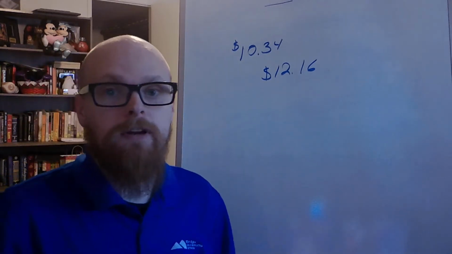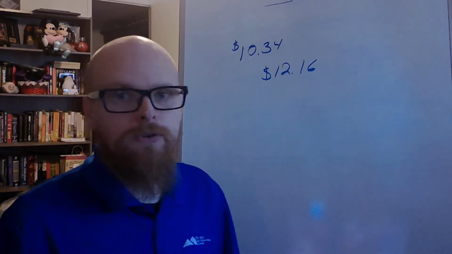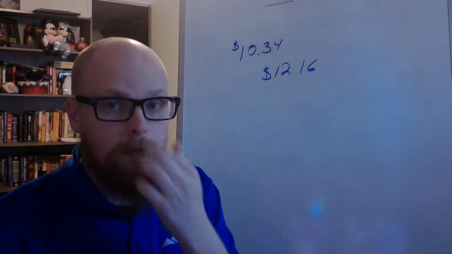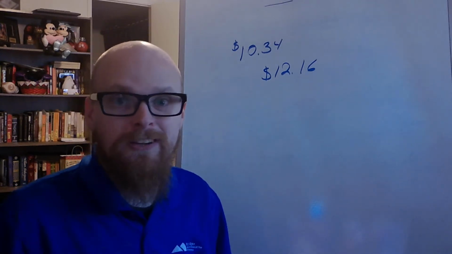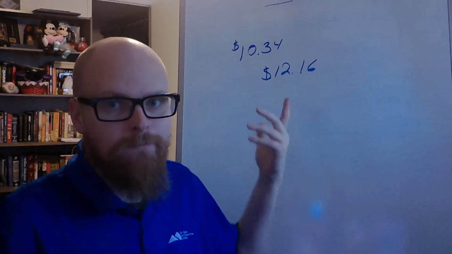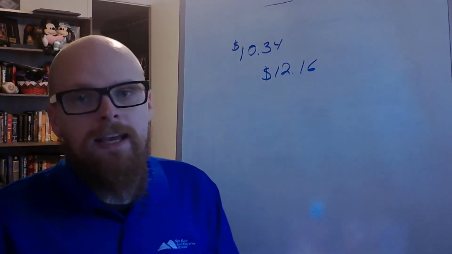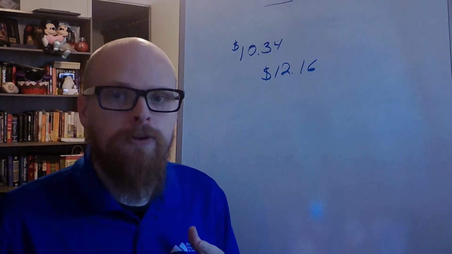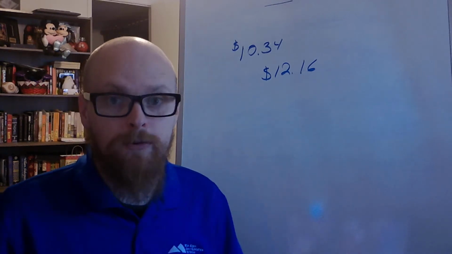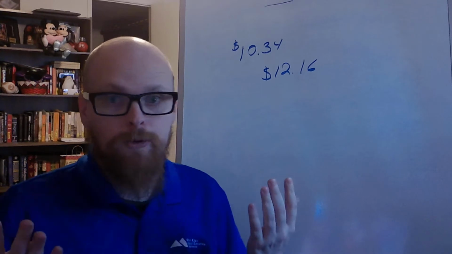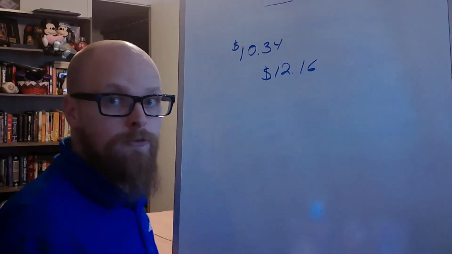Okay, they want to know what percentage increase is that. The way we find a percentage increase or a percentage of change, whether it be money, wages, or sales, is we find the difference between the two numbers, our original number and our new number. And remember, difference is a code word for subtraction.